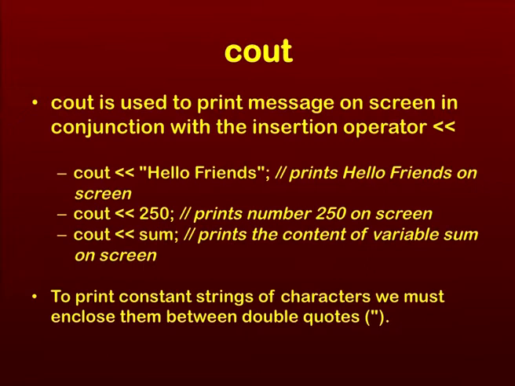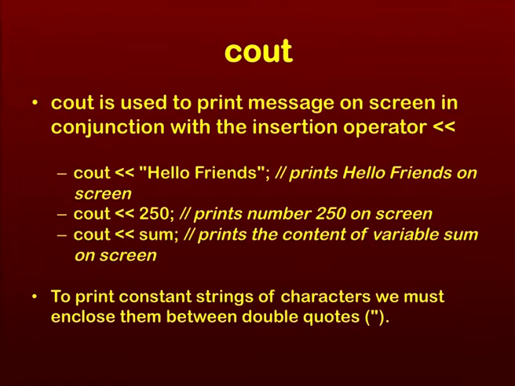If I write cout << "hello friends", that statement is going to print hello friends on the screen. If the statement is cout << 250, 250 will be printed on the screen, that is the default output device.